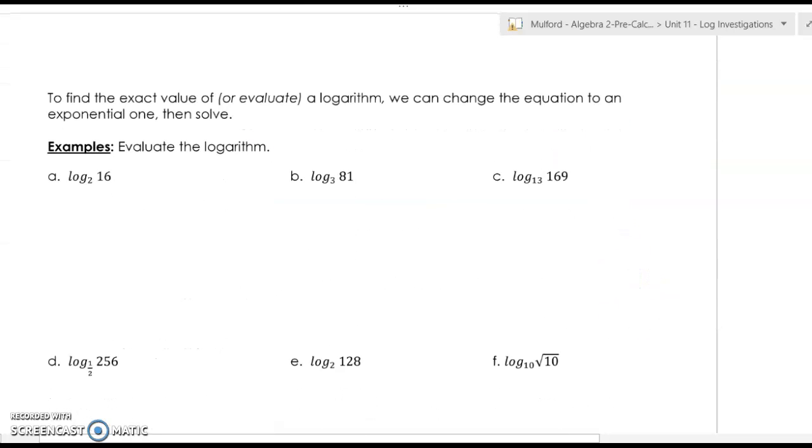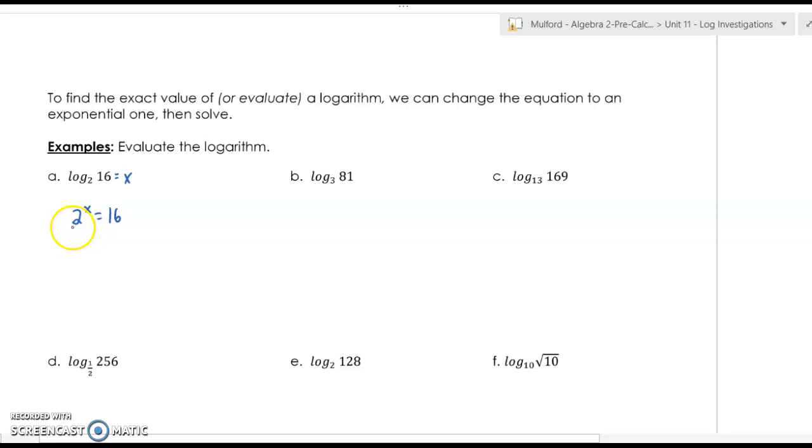So we can evaluate. The way we're going to evaluate these equations is to convert them to exponential equations. To do that, I have to make an equation. So I'm going to set this equal to x, and I'm going to loop around. That gives me 2 to the x equals 16. Now we have to think back on how to solve exponential equations. In order to do this, we have to have a common base.